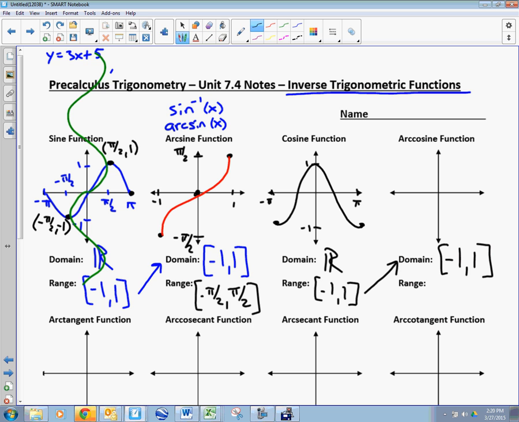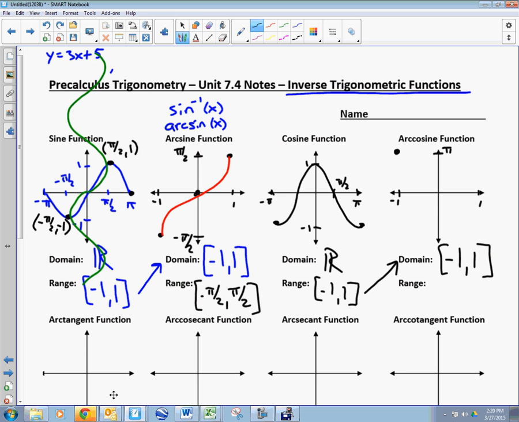The cosine of pi gives you what? -1. So therefore, the arc cosine of -1 gives you pi. So, as we mark -1 and 1, this will be pi. Arc cosine of -1 gives us pi. So we have -1, pi is our coordinate.